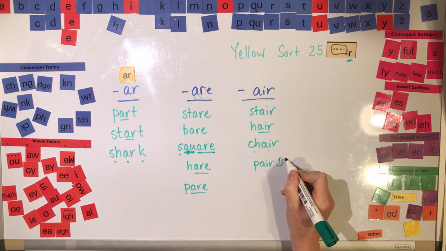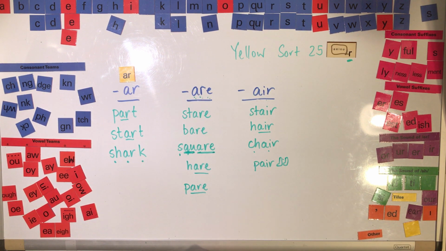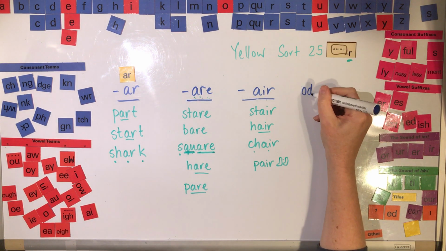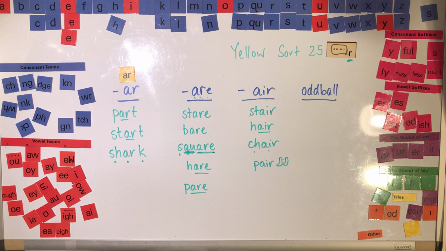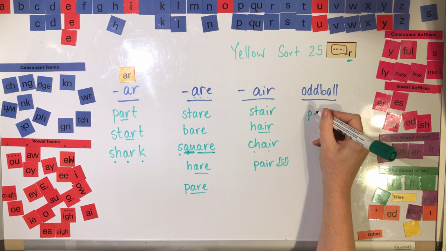So we've got our pair of socks. And over in oddball, we're going to have our pear, as in piece of fruit, pear. Just check that you can still see that, yep, it's good. Okay, so over here you've got pear, like an apple and a pear.